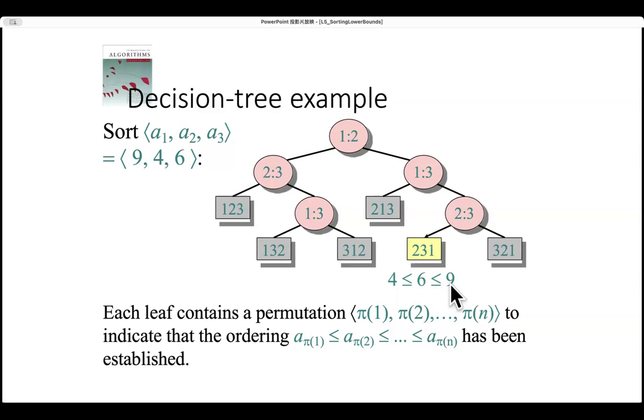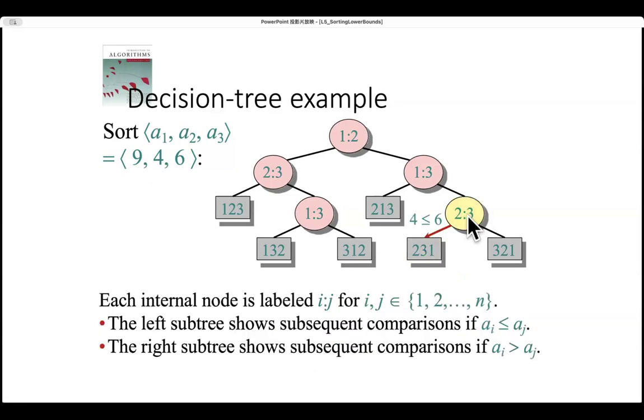And if you want to sort these numbers, you could do something like this. You go up from the leaf node. Let's go back. 4 is already smaller than 6. Great, don't do anything.